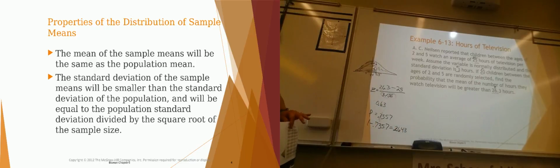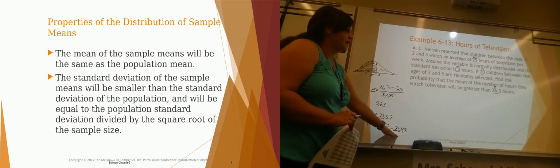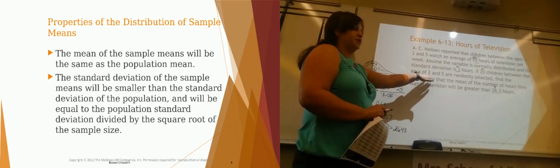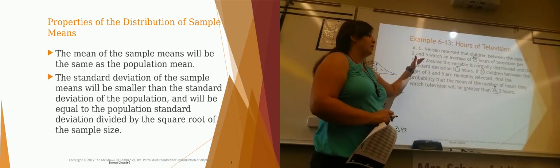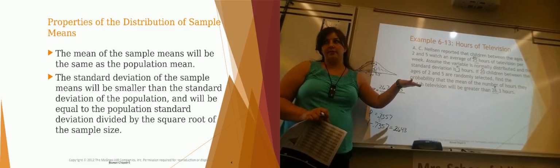So there's a 26% chance that... what is it even asking about? Find the probability that the mean of the numbers will be... so there's a 26% chance that the average of these 20 children will be above 26.3.